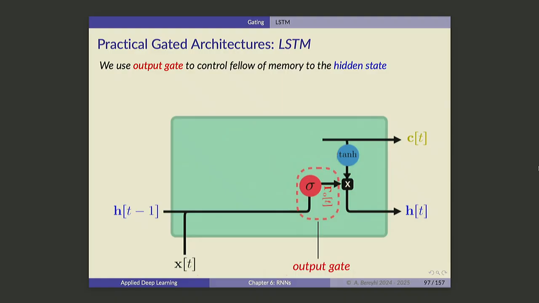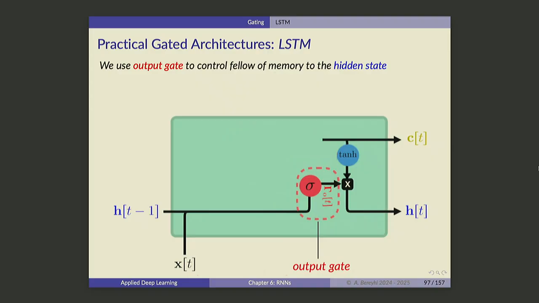Does C correspond to long-term memory and H correspond to short-term? Somehow, yes. H is what you want to know right now for deciding. So you don't want to have misleading information, but you can carry longer information using the cell state. That's correct. But it's not like you have long-term and short-term; it's long short-term memory, right?